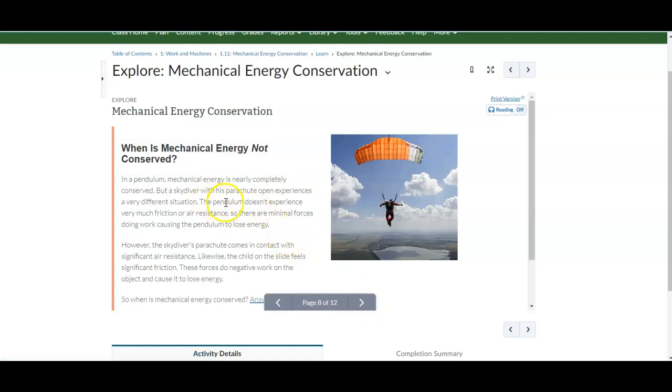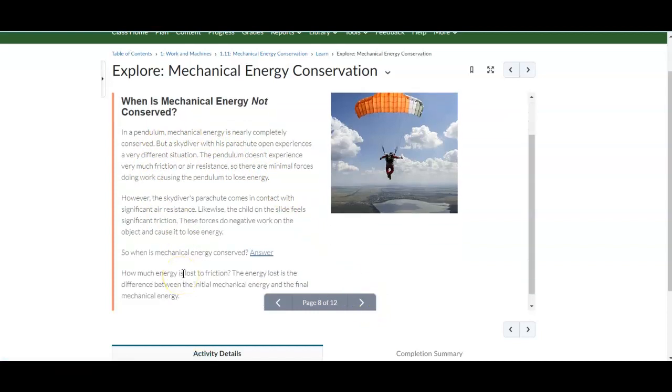So if we look at this paragraph, we'll see that in more detail. In a pendulum, mechanical energy is nearly completely conserved, but a skydiver with his parachute open experiences a very different situation. The pendulum doesn't experience very much friction or air resistance, so there are minimal forces doing work causing the pendulum to lose energy. However, the skydiver's parachute comes in contact with significant air resistance. Likewise, the child on the slide feels significant friction.